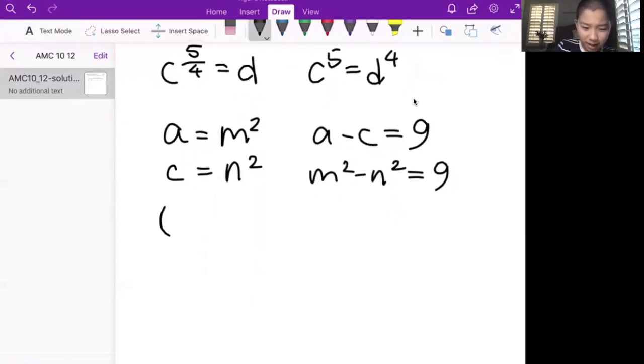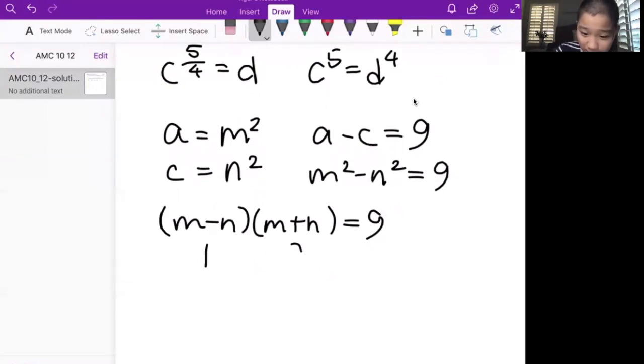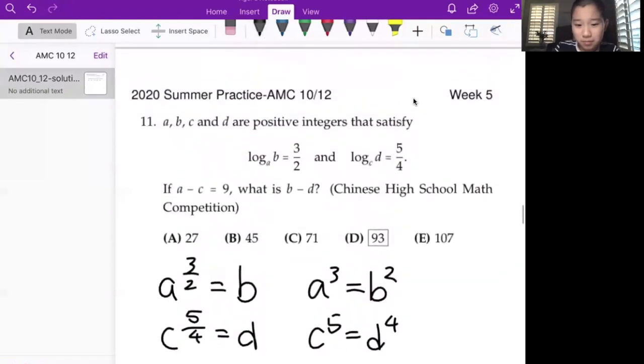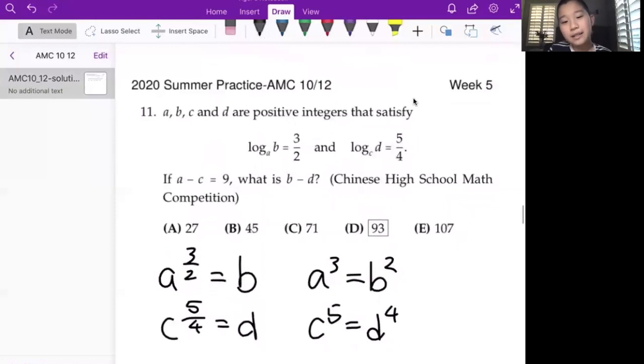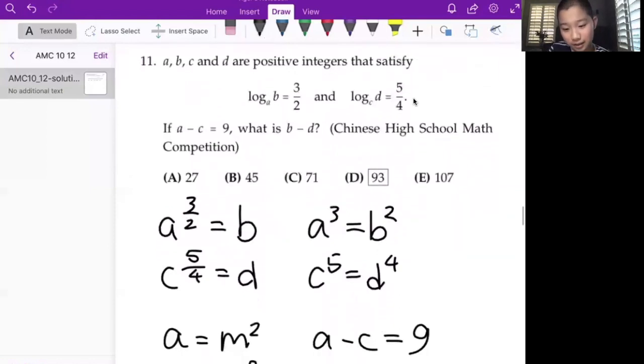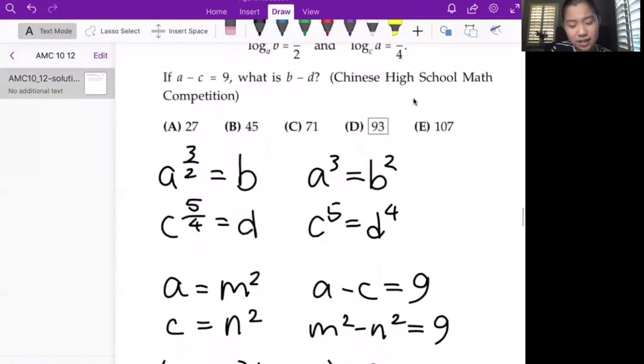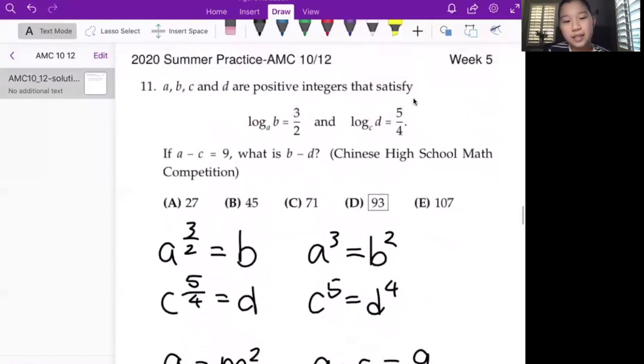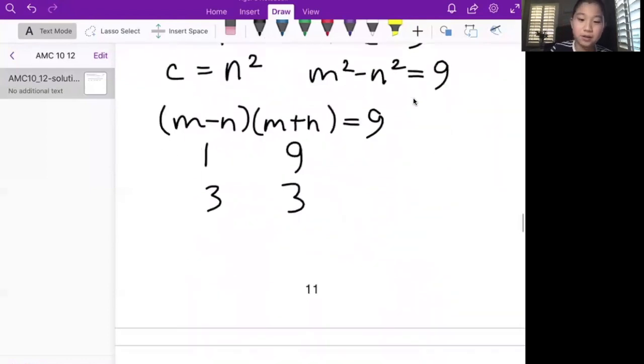So then m minus n times m plus n equals 9. So we can either have m minus n and m plus n be 1 and 9, or 3 and 3. For the 3 and 3 case, that would mean m equals 3 and n equals 0. But n can't be 0 because C equals n squared, and C can't be 0 since A, B, C, D are positive integers.